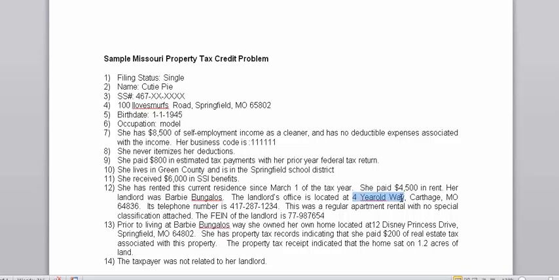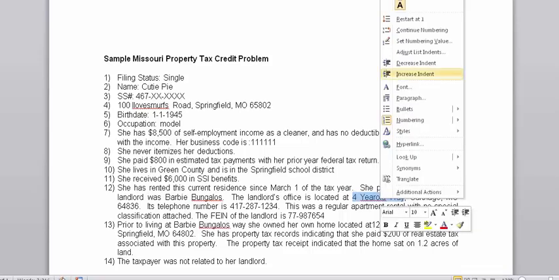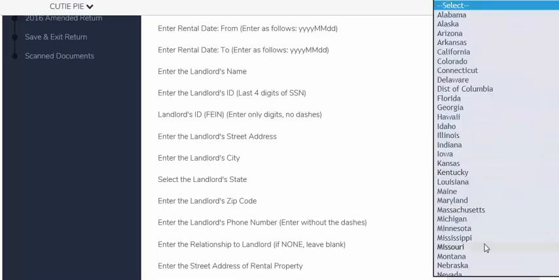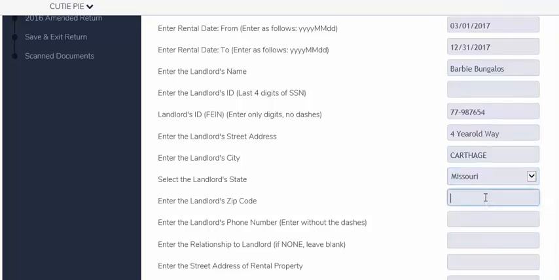They were located at 4-Year-Old Way, and the landlord operated out of Carthage, Missouri, and the zip is 64836.